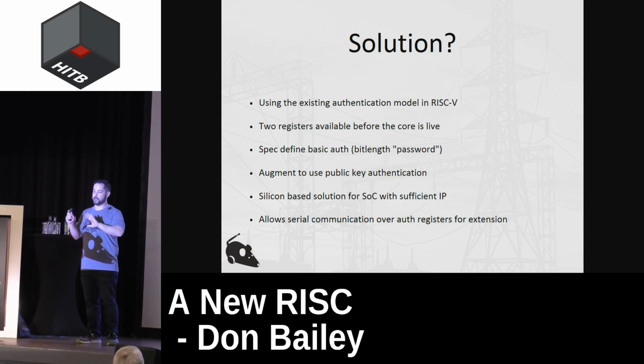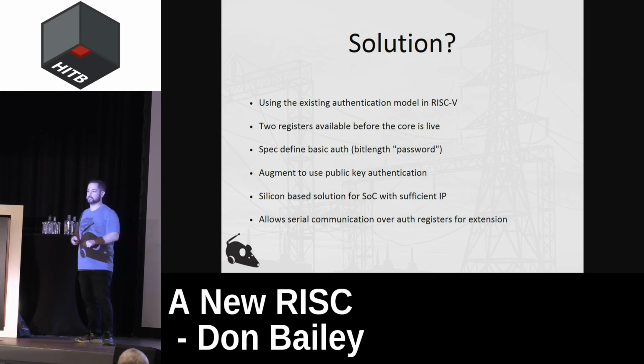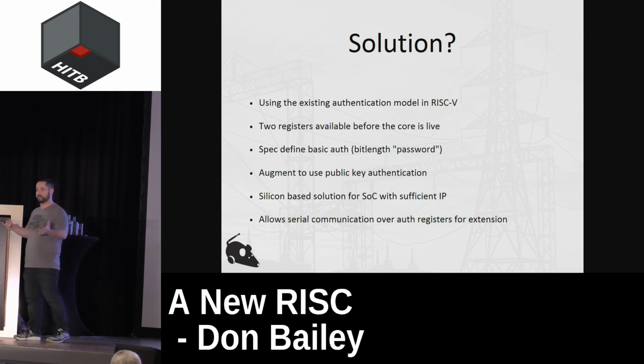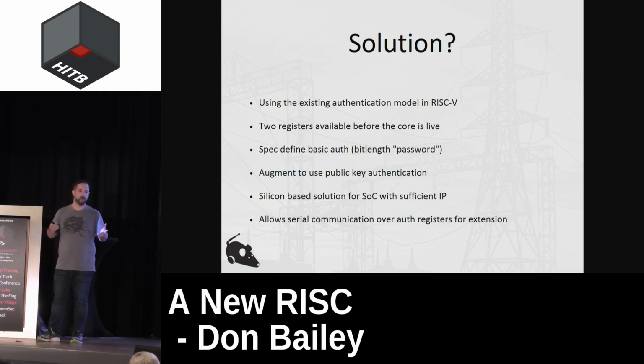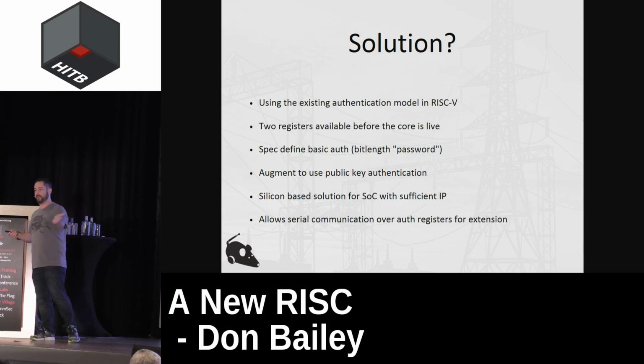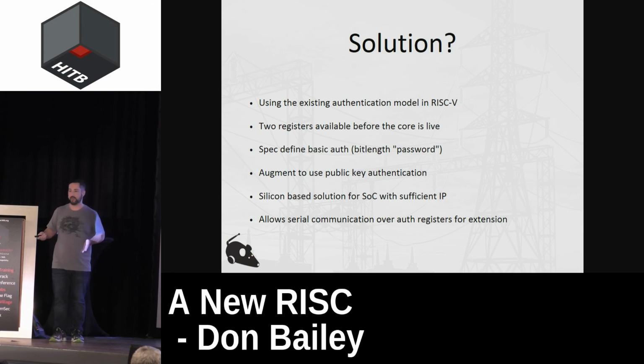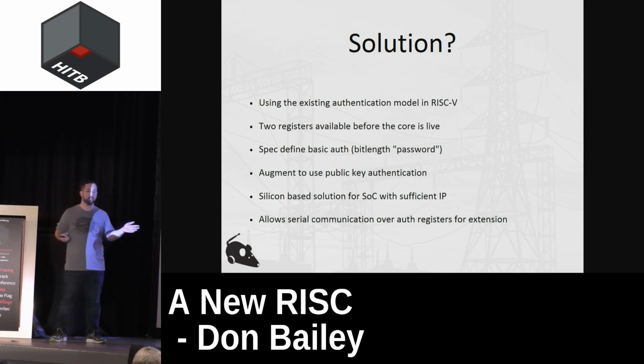So we've taken away this simple bit-based password scheme that's very common to embedded systems, and we've created a very resilient and easy to augment security model that uses essentially a serial port based in two accessible registers. All that data is then passed to IP in silicon that verifies the messages that are passed back and forth over these two registers. So the cool thing is that now we can implement any type of authentication scheme we want.